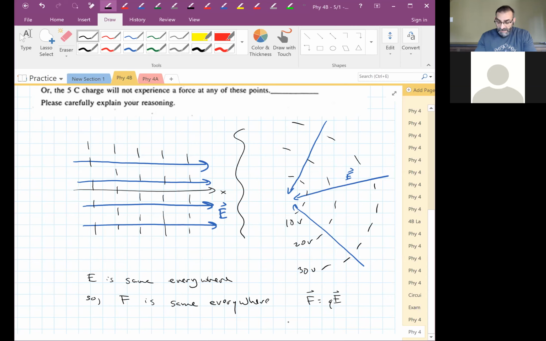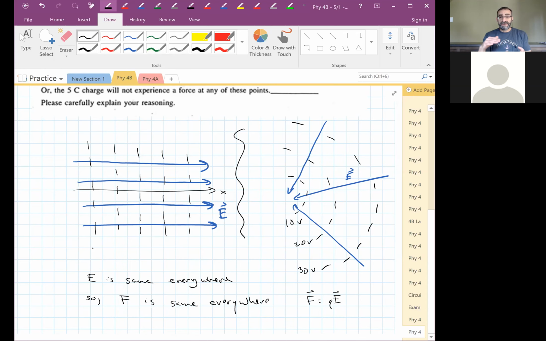So you have to think about the electric field lines, right? The electric field lines look like this, right? I just drew them here. Those electric field lines are parallel to each other. What does that mean? That means the electric field is not changing.